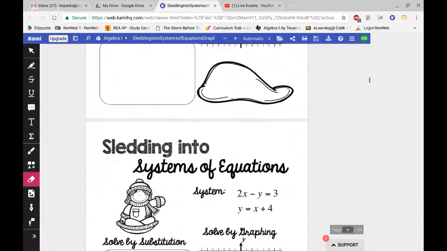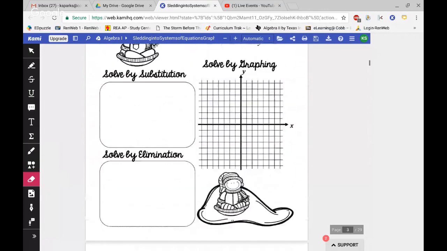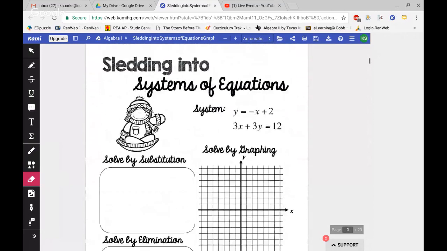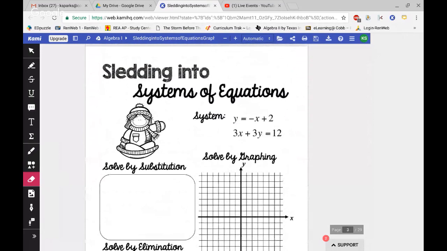There's a little pop-up window that's not letting me see what page number, but this is the first page, right?